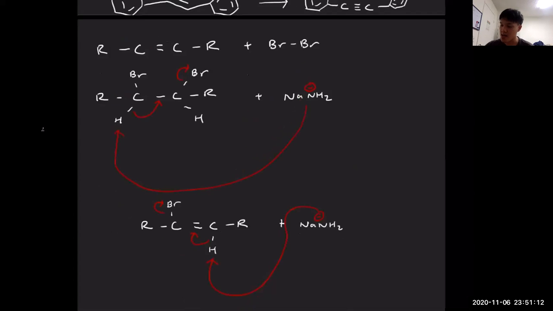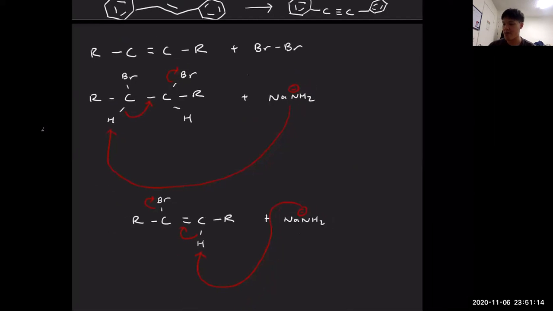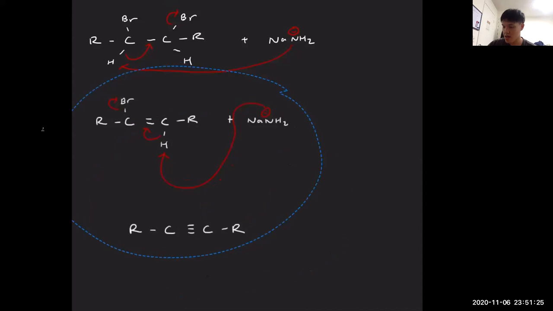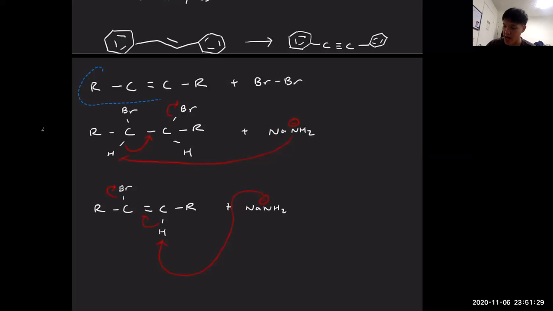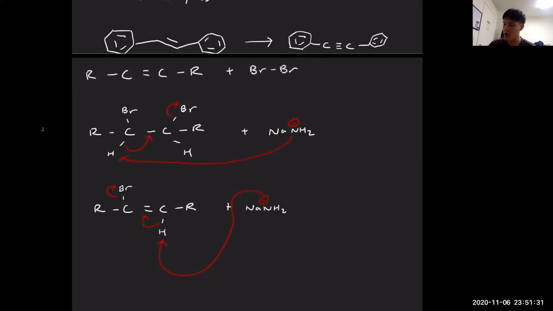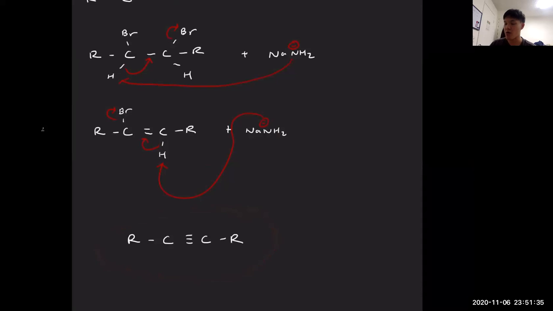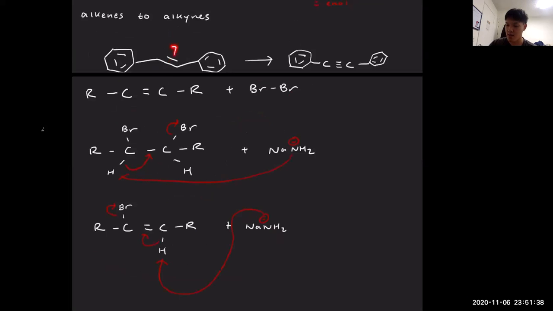So we pretty much did 2 separate E2 reactions, which is why we formed this triple bonded alkyne from an alkene, right?